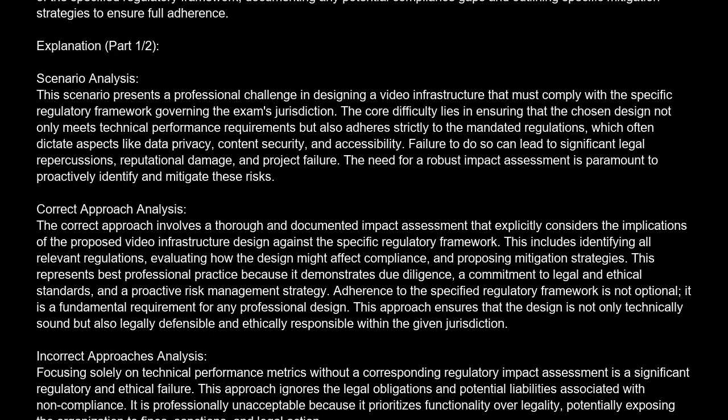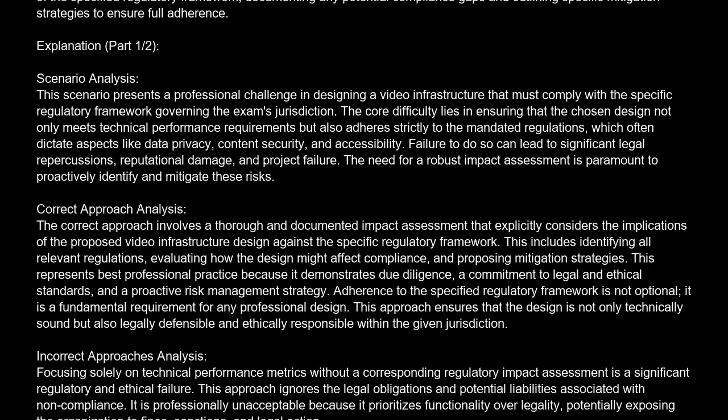This represents best professional practice because it demonstrates due diligence, a commitment to legal and ethical standards, and a proactive risk management strategy. Adherence to the specified regulatory framework is not optional. It is a fundamental requirement for any professional design.